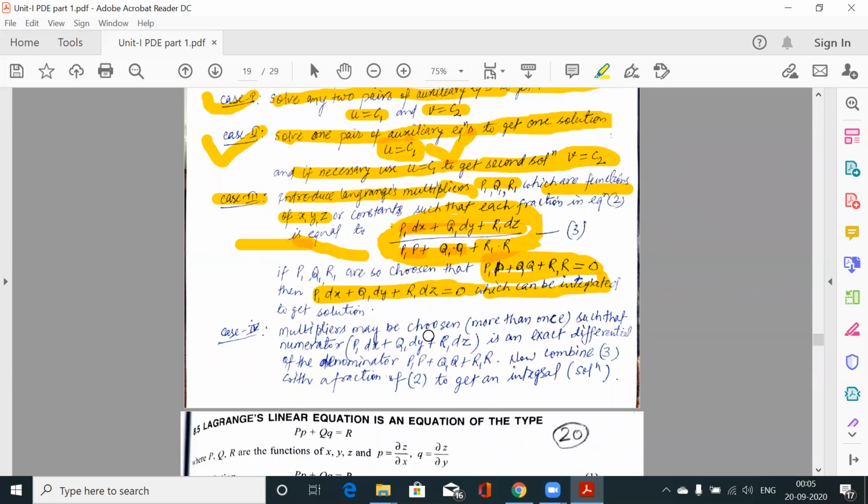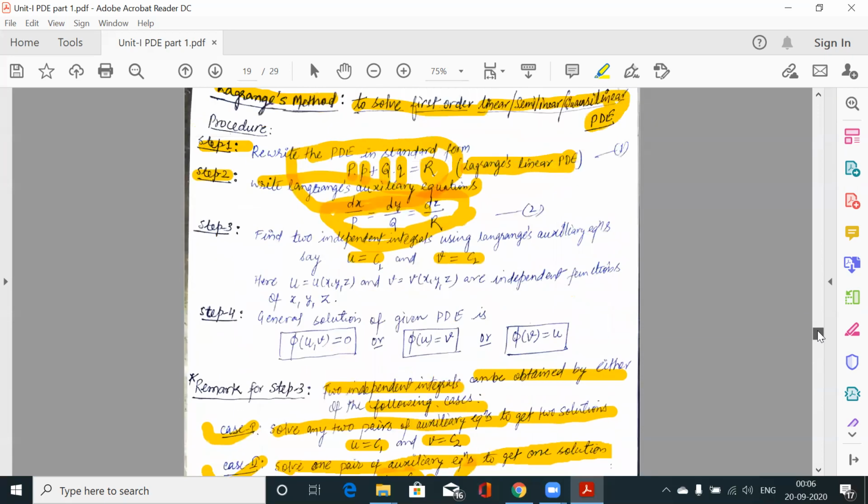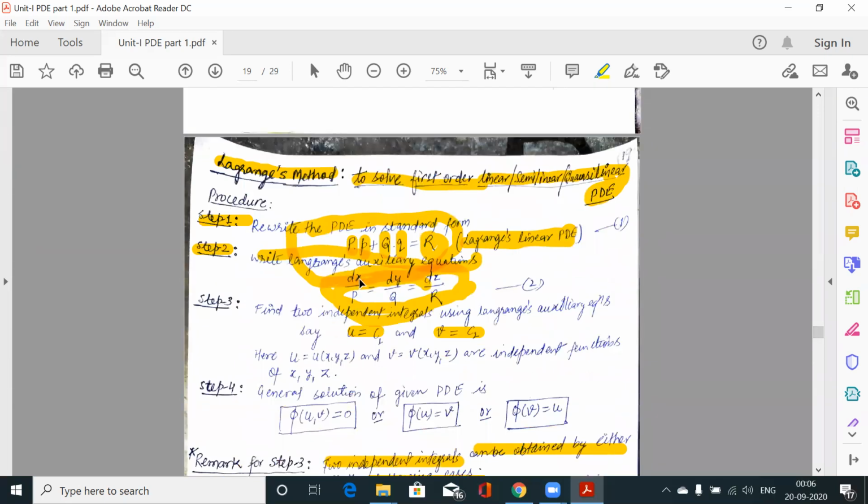One last possibility: suppose we are unable to make the denominator 0, but we can choose P1, Q1, R1 such that the numerator is an exact differential of the denominator. We know that dx over x, dy over y and dz over z can be integrated, since dx is the exact differential of x and the denominator is x.